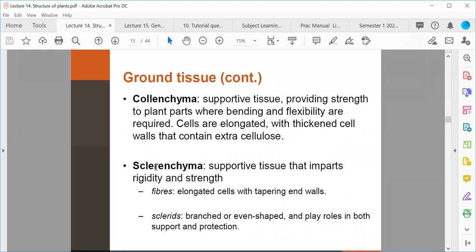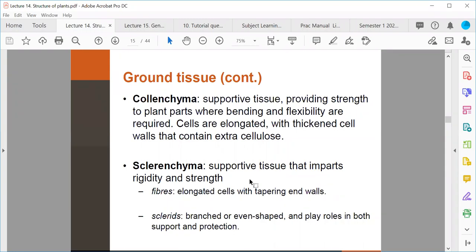Now, a similar type of ground tissue is sclerenchyma tissue. This is also supportive tissue, but it imparts rigidity and strength rather than flexibility and strength. Two major types of sclerenchyma cells are shown here, fibres and sclereids.